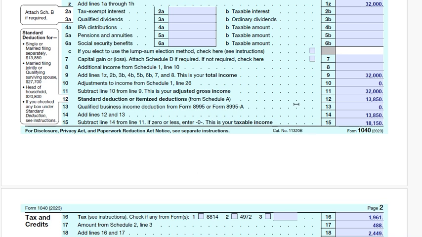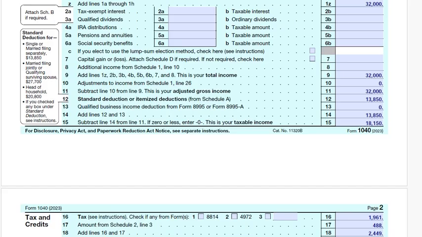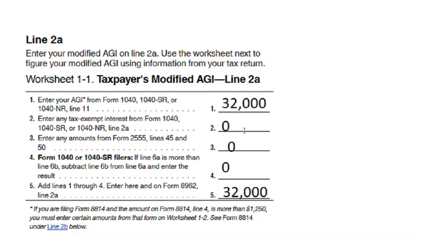This is Form 1040, line 11 is 32,000. So we have 32,000. And then for line 2 here, we go to Form 1040, line 2a. Line 2a, nothing, so we just input 0. Go to Form 2555.